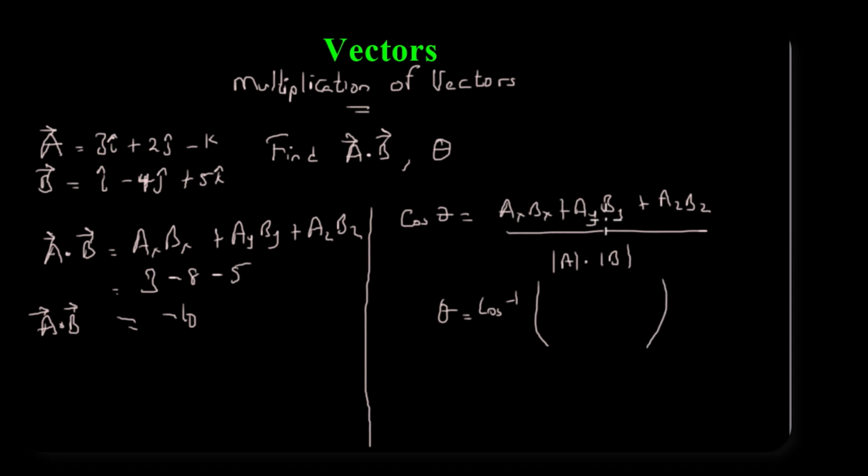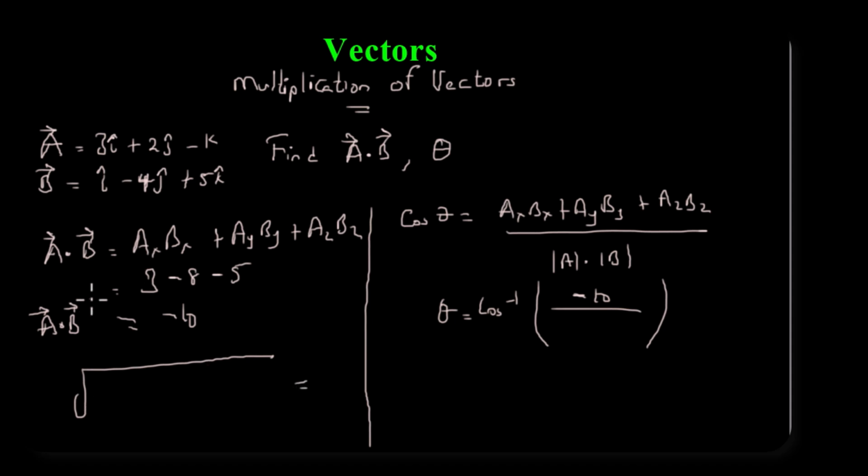AX BX plus AY BY plus AZ BZ is giving us minus 10. And then the magnitude of A. How do we find the magnitude of A? Remember what we said for both 2-dimension and 3-dimension. Square the i, square the j, square the k, and then you get the magnitude.